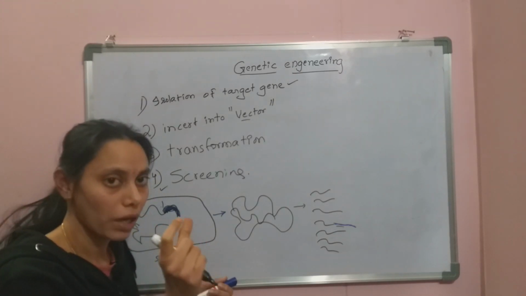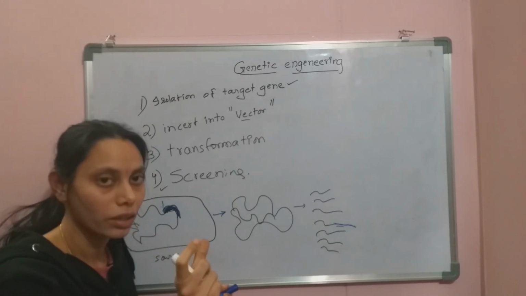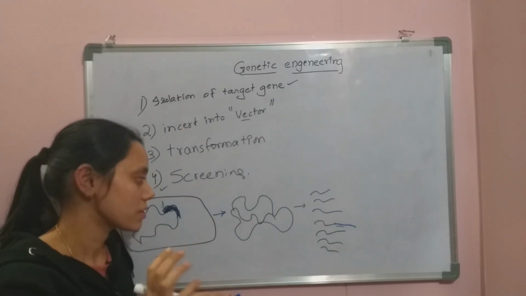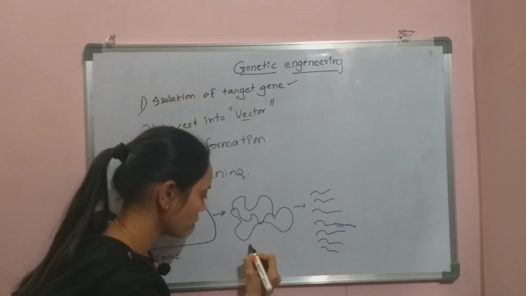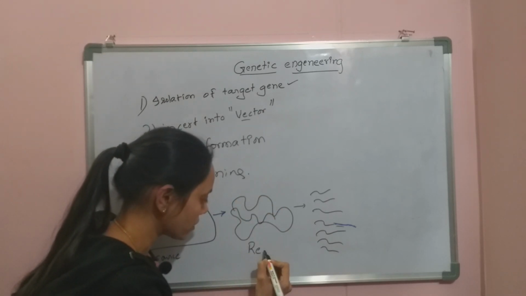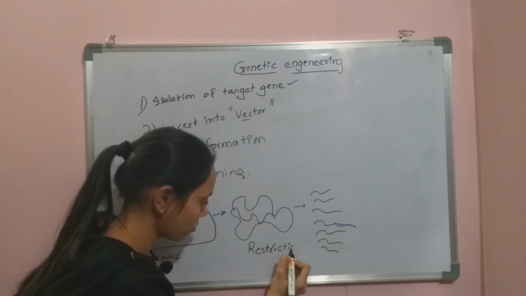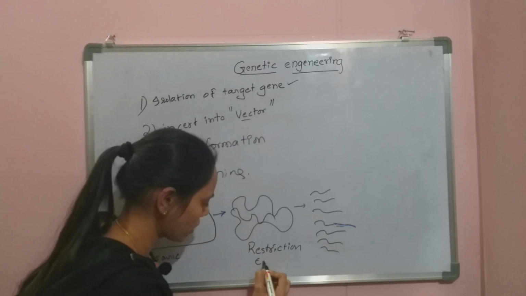That means the whole part of the DNA, the target DNA, will be isolated. So these molecular scissors are restriction endonucleases, or simply restriction enzymes.